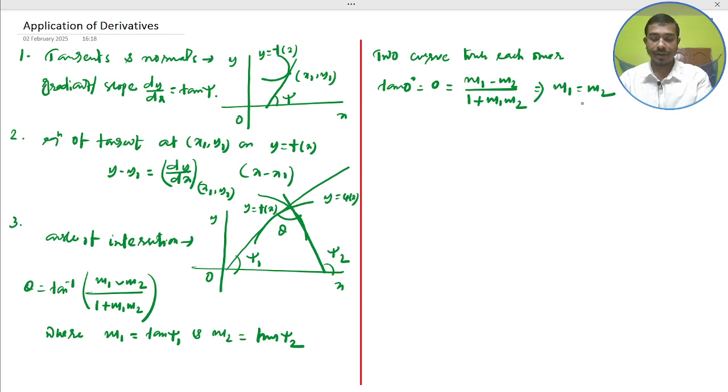This is the condition. Next, the condition for orthogonal intersection. This is the second part, the orthogonal intersection.